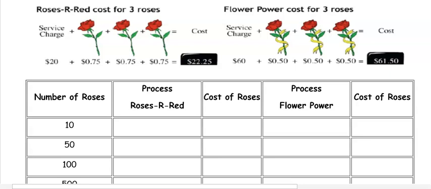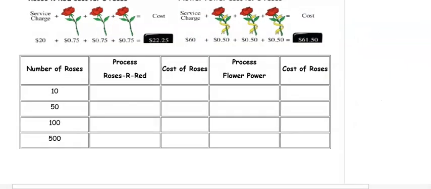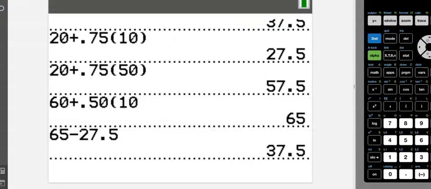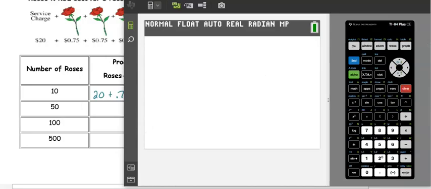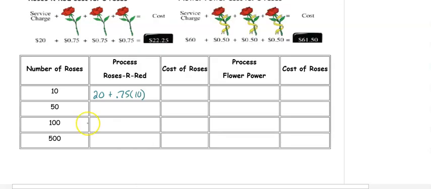So for Roses Are Red, we know that it is a $20 service charge plus 75 cents times the number of roses. Now we can put all of that in our calculator at once. So we would have 20 plus 0.75 times 10, which would give us a cost of $27.50.